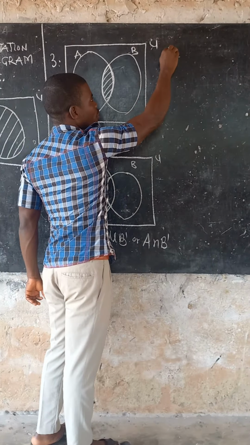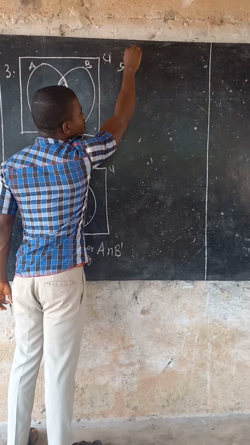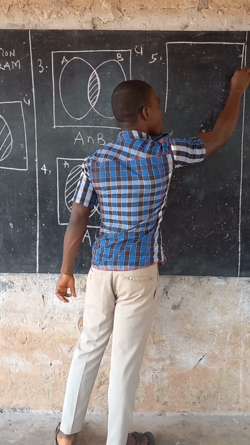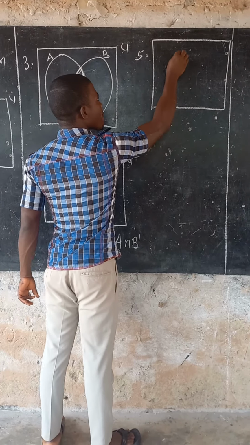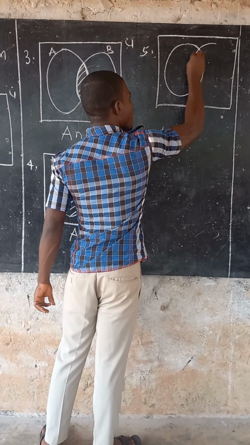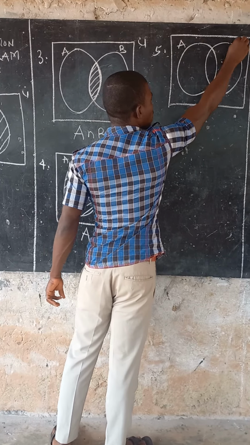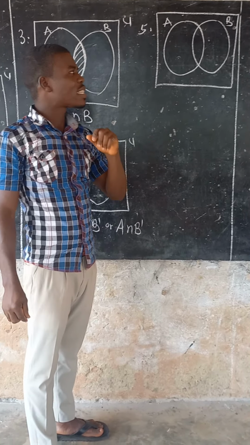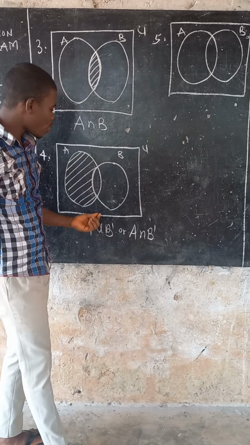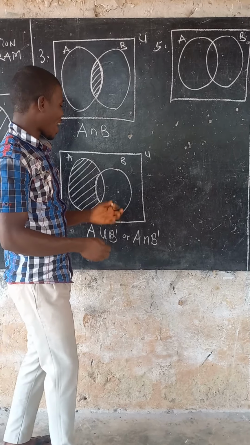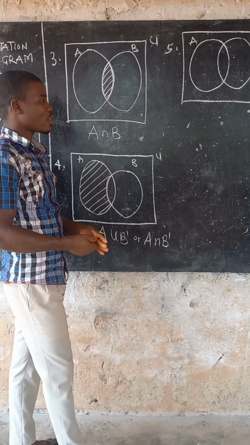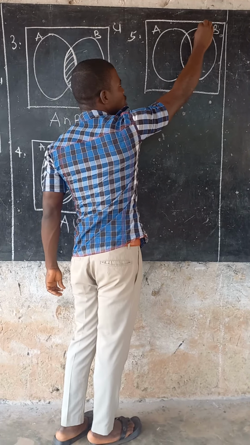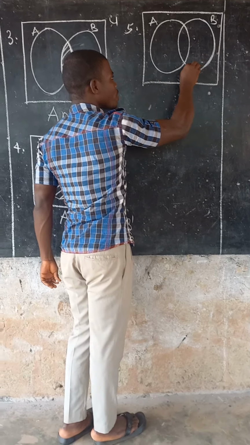Let's add the fifth one. So here too we have our A and B. The same way, you can be asked to find B only. As I explained here, if you are asked to find B only, then you are going to find only this portion, only this region.